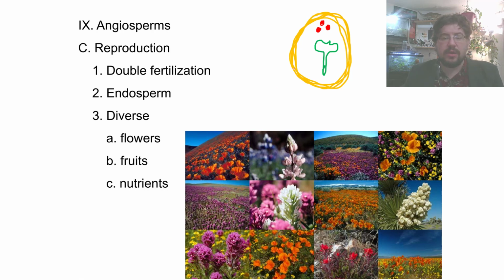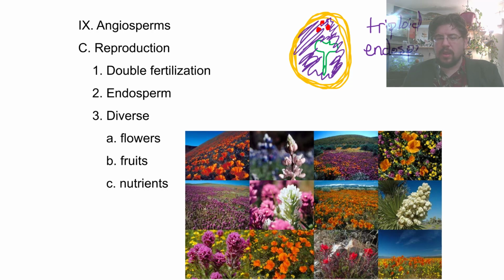The tissue is trinucleate. This has a name. It is triploid endosperm. And that endosperm is the nutrient source of angiosperms in the seed. So endosperm is the nutrient source.